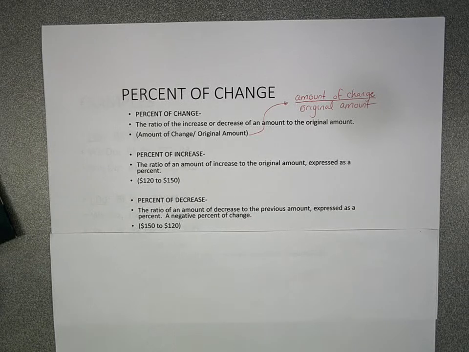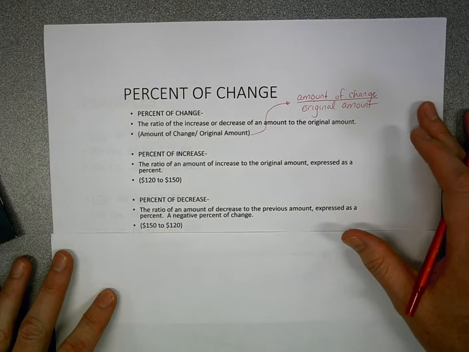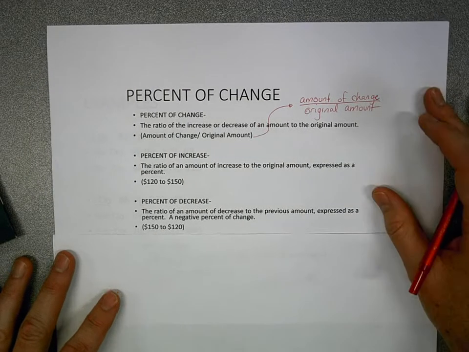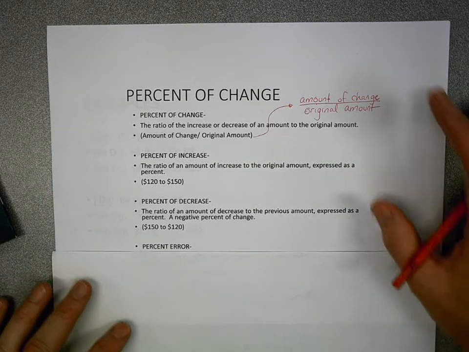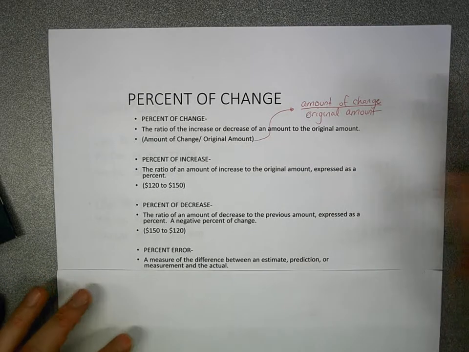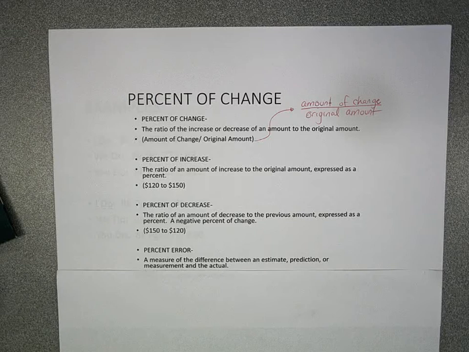Well, what we're going to talk about is the percent that goes with that, and that's what this next word is. It's percent error. Everyone? Percent error. This is a measure of the difference between an estimate, a prediction or measurement, any of those, and the actual, which means the actual measurement or the actual price.